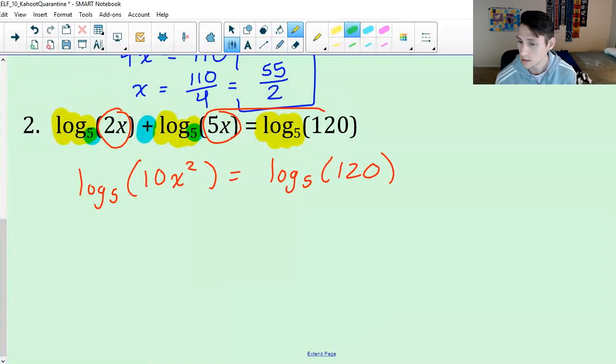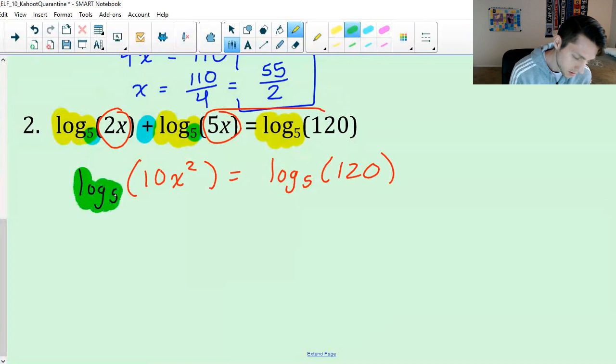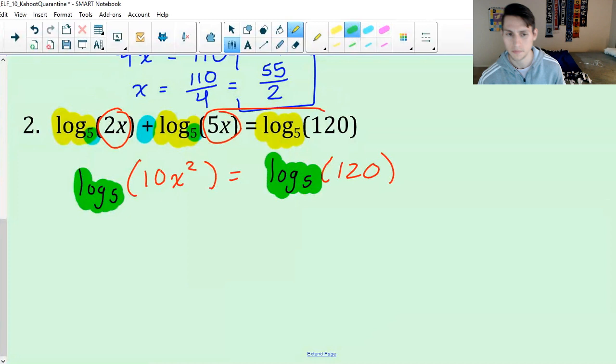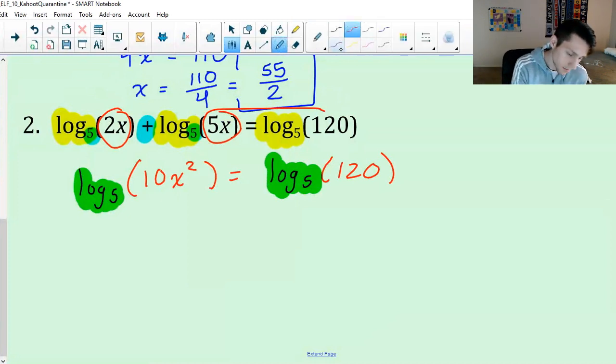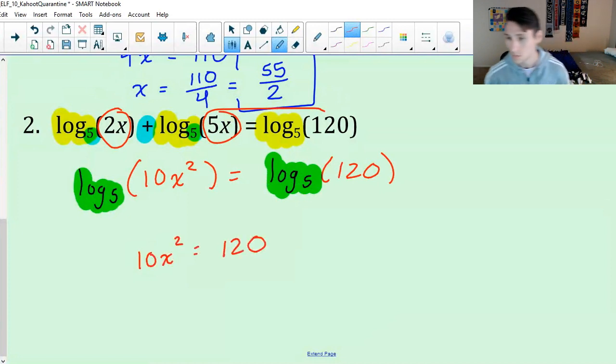Now, this is a method 1 equation. I use my properties, so now all I have is just log base 5 equals log base 5. So what do we do then? Well, we just forget the logarithm. Ten x squared equals 120.